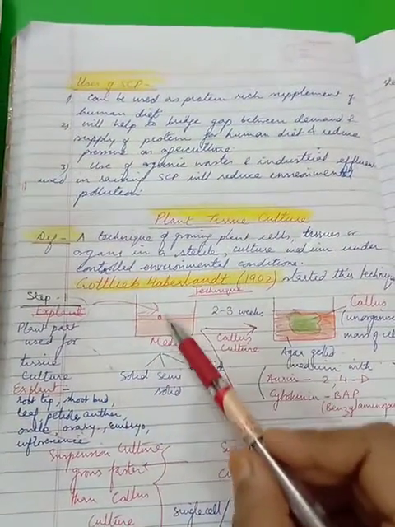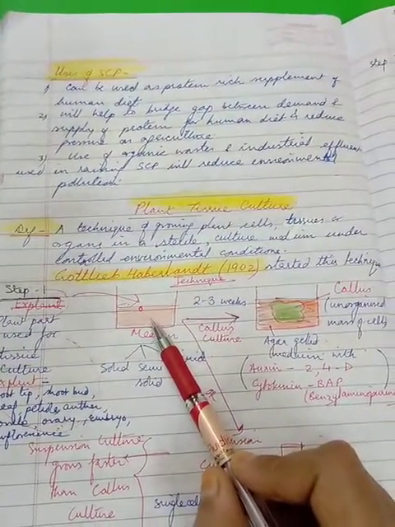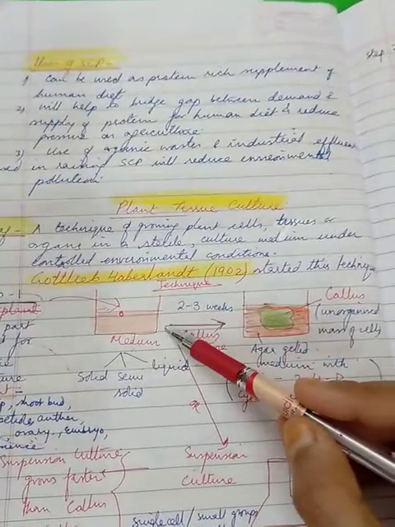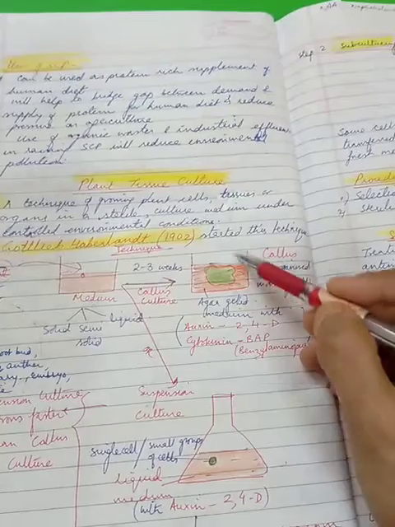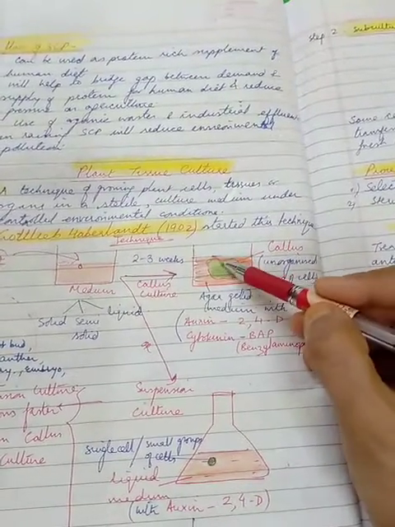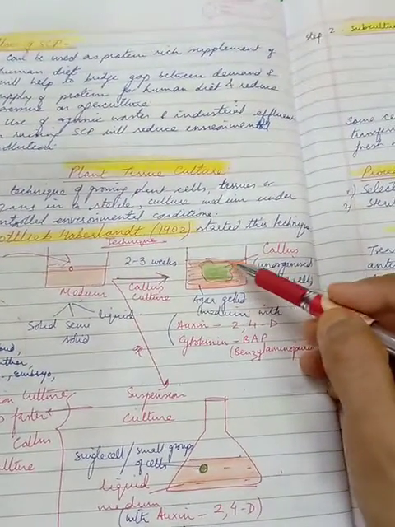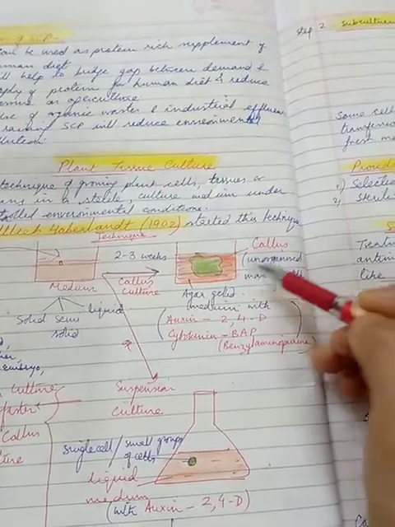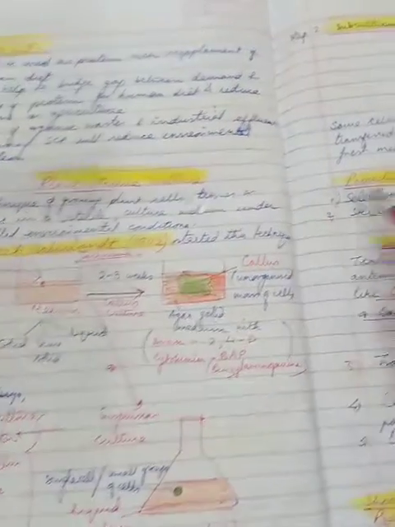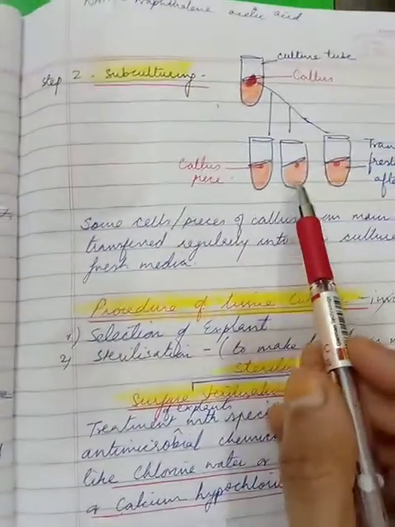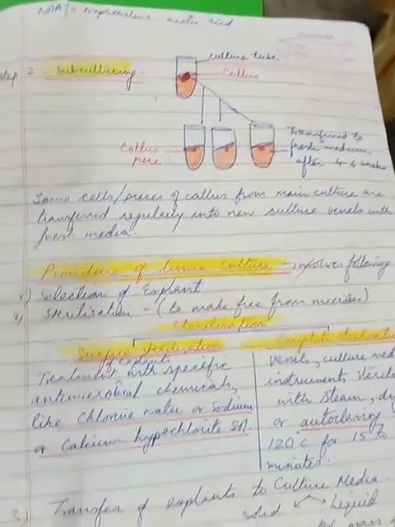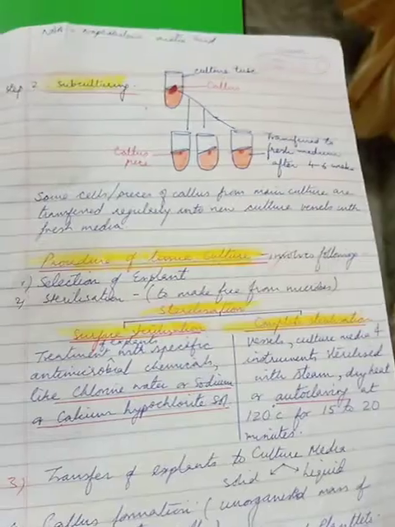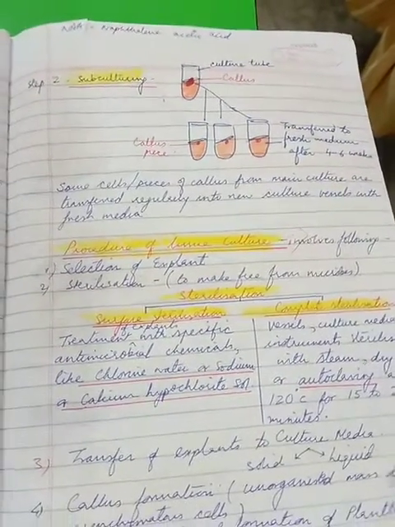And then it is directly transferred to a nutrient medium with calculated amount of nutrients, growth hormones, etc. And what we develop is a mass of tissue or unorganized cell mass. We can say it callus. Soon this is subcultured like this, and tiny miniature plantlets develop out of the same, and they certainly have better value of the desired characters chosen, right?